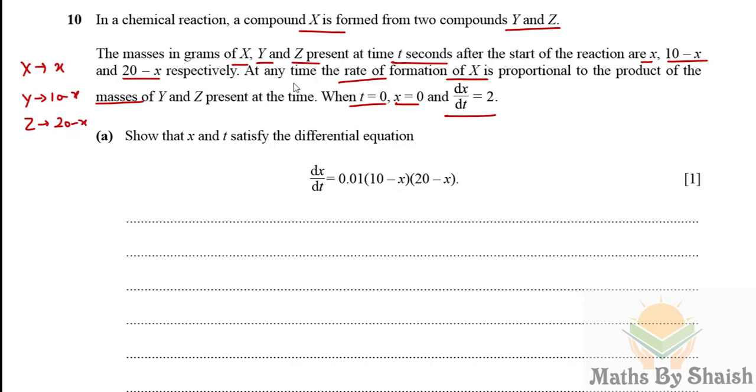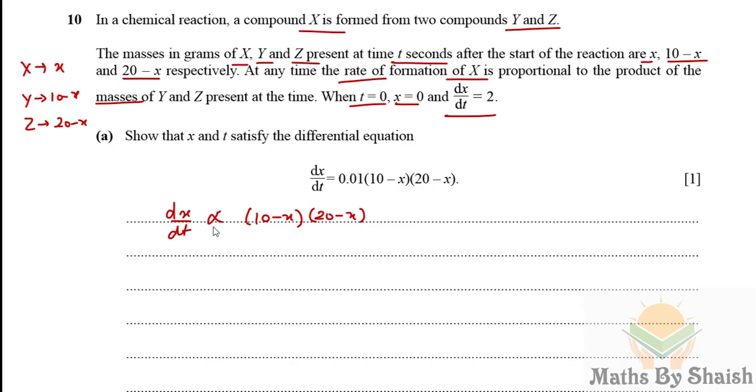So at any time the rate of formation of x, that is dx/dt, is proportional to the product of the masses of y and z. The mass of y is 10 − x and the mass of z is 20 − x, so the product is this.